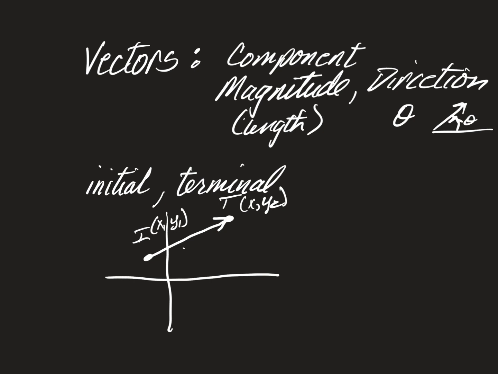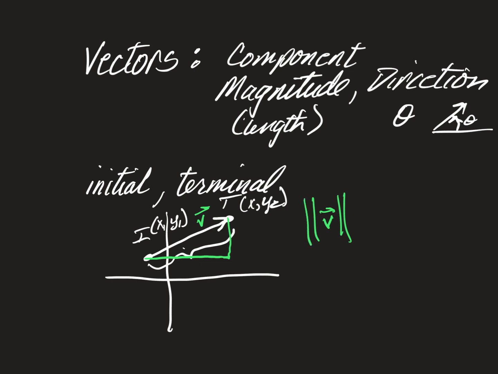Then we can find the magnitude. It just refers to how long the vector is. And of course, you can always draw a right triangle in this situation. And now this looks just like the distance formula. So we're going to call this vector v, okay? And so we're going to say vector v has a magnitude, and this is the notation.